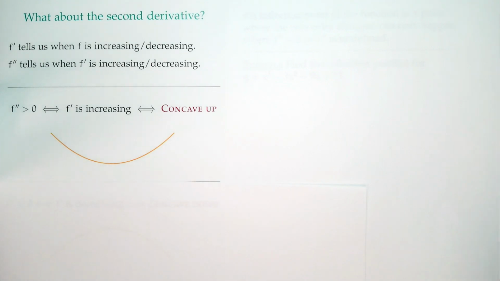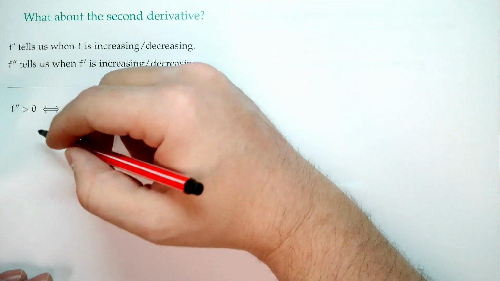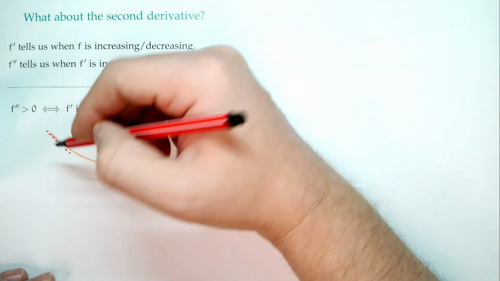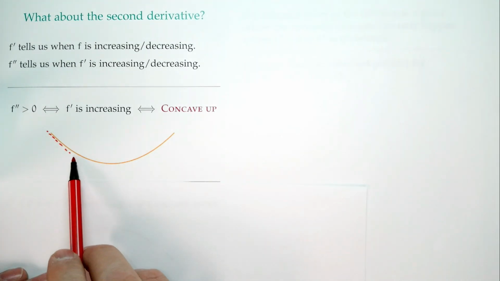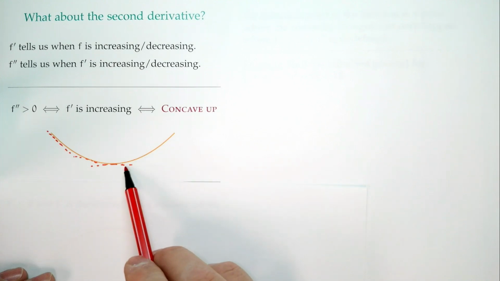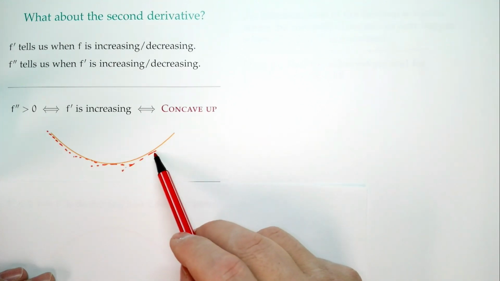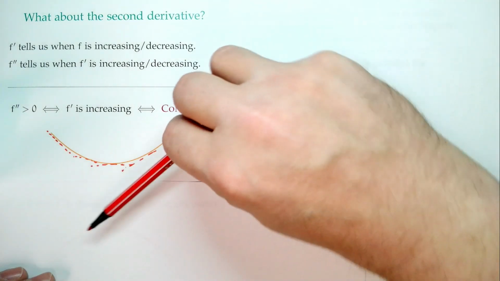Concave up. So you can kind of see the shape would look like this. And if you just draw in a couple tangent lines, so a tangent line over here has a negative slope, then it's becoming less negative, and then eventually it's zeroing out, and it's becoming more positive. So our tangent slopes are going from negative to positive.